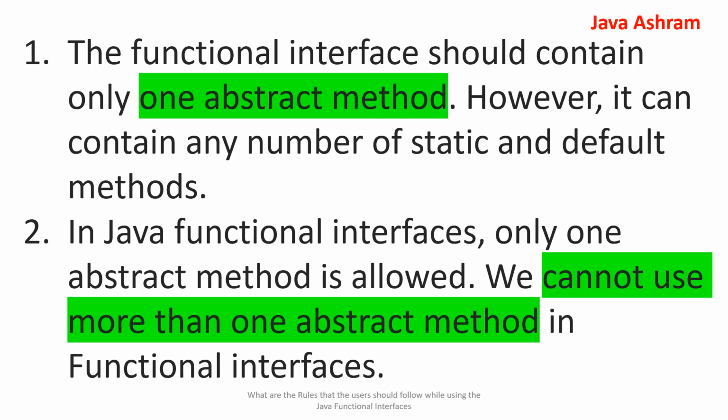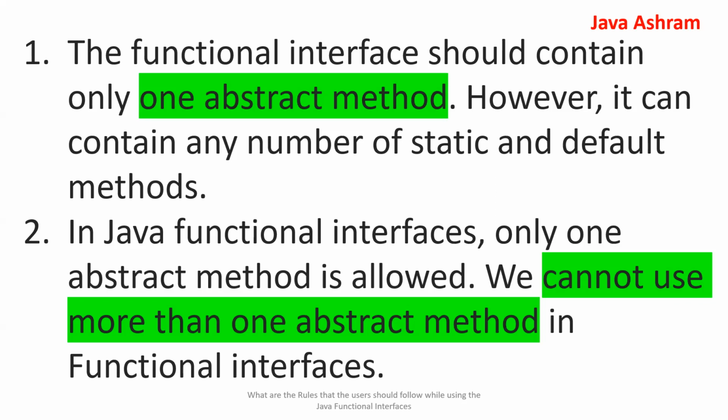However, it can contain any number of static and default methods. In Java 8, one of the features introduced is that you can put static and default method definitions inside the interface. The second rule is in a Java functional interface, only one abstract method is allowed.